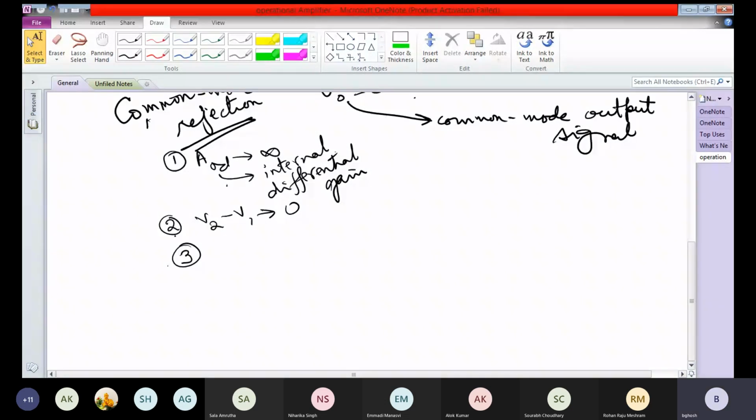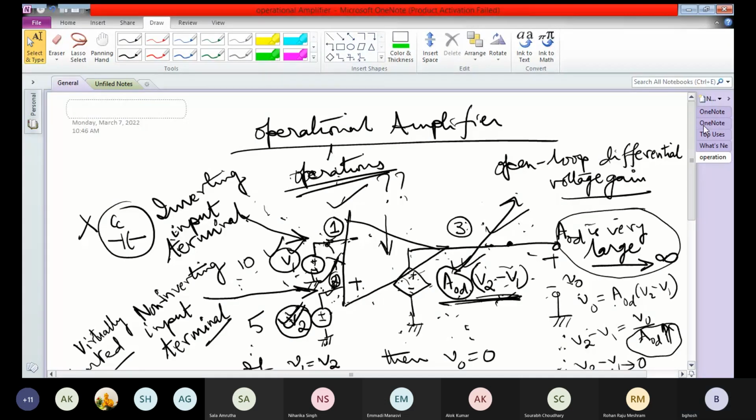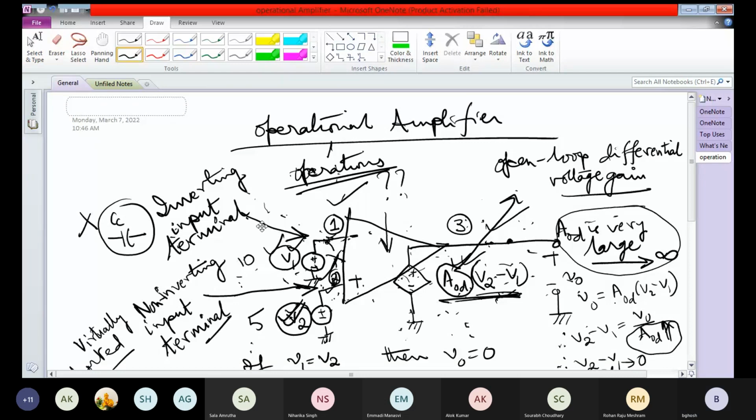And what is the result? The input resistance goes to infinity. And thereby, what is the result? If there are two currents here, the current here is I1, the current here is I2.